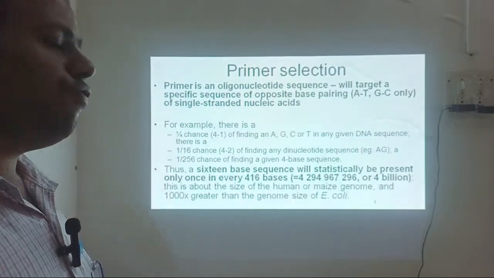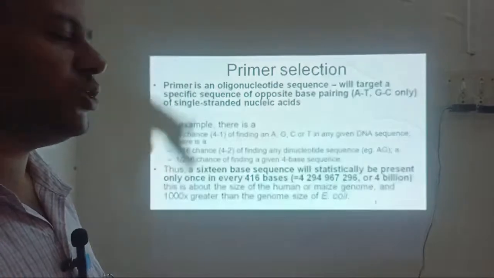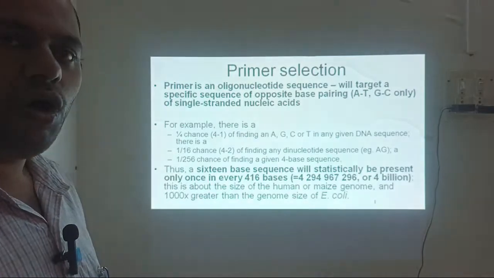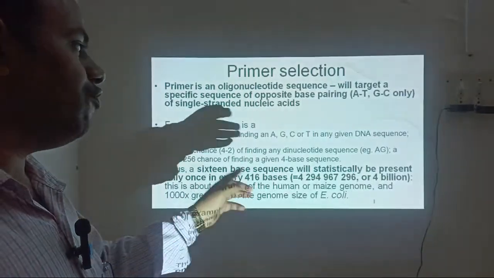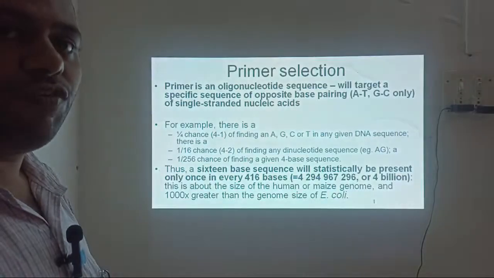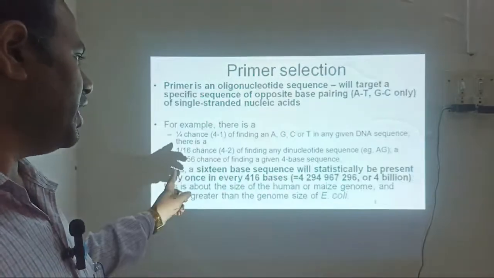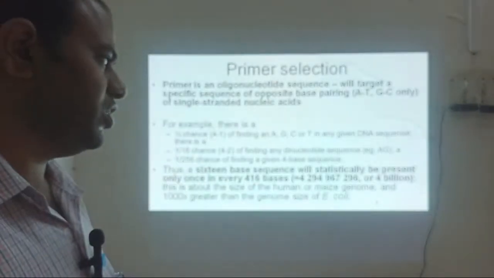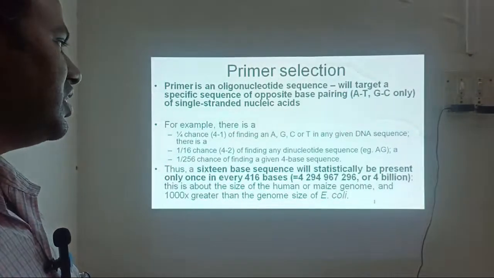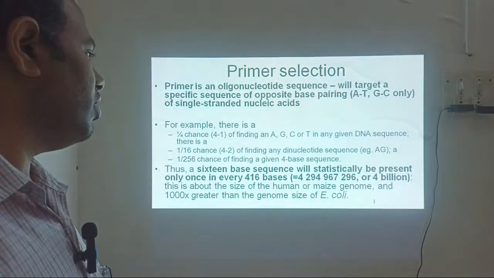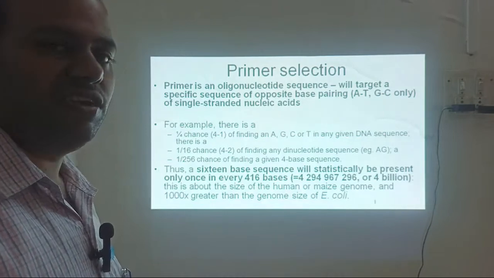So probability of finding a dinucleotide or 2 base pairs together out of this A, G, C, T is 1 by 16, obviously, and finding a 4 base sequence together is 1 upon 256. Thus a 16 base sequence will statistically be present only once in every 4^16 bases, okay.